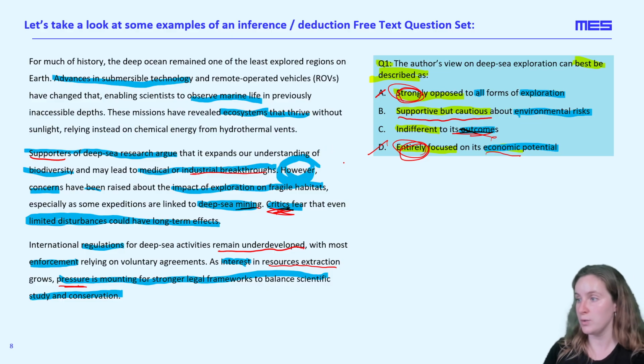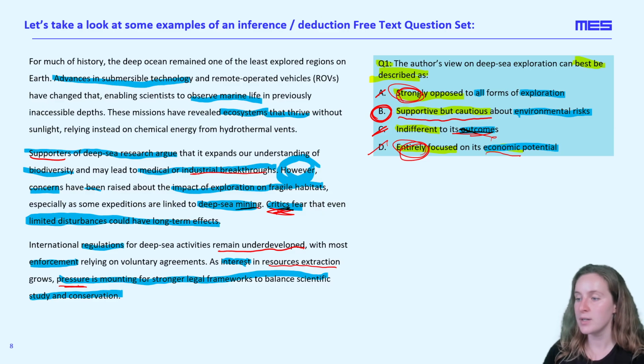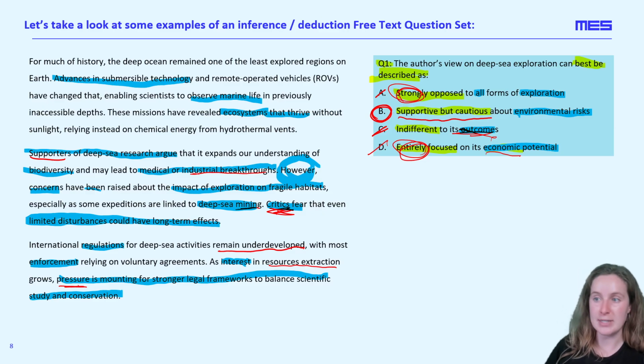So we're going to cross out C as the incorrect idea for this idea of balance that's presented in the passage, because it's more that it's supportive but cautious about the risks of deep sea exploration. So we end up with B.